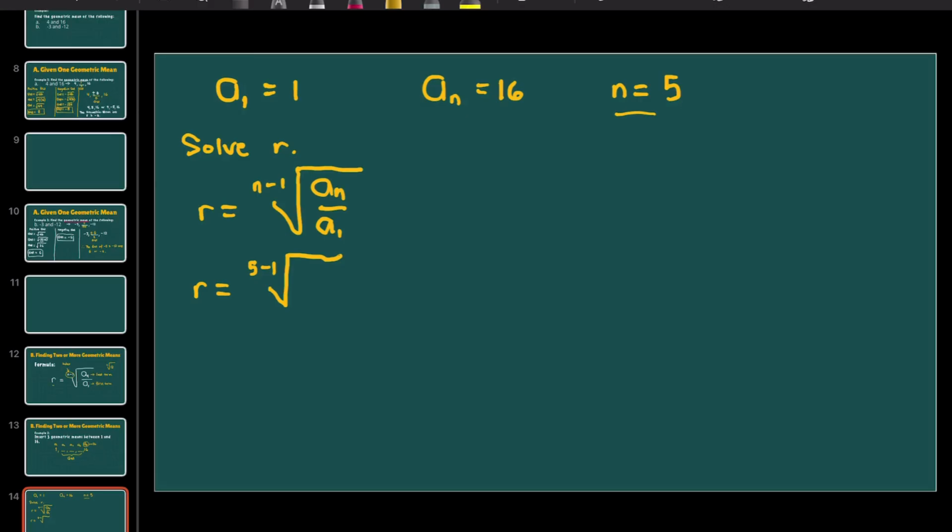A sub n is 16 over A sub 1. So, 1. So, R is equal to 5 minus 1, that is 4. Start muna tayo dito sa index. So, we have the fourth root of 16 divided by 1. So, pwede na natin i-divide dyan. So, the answer is 16.